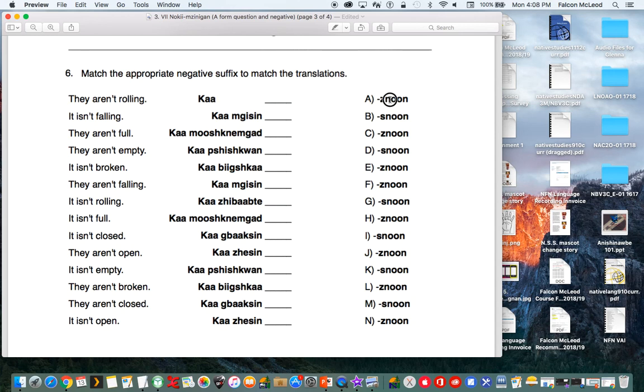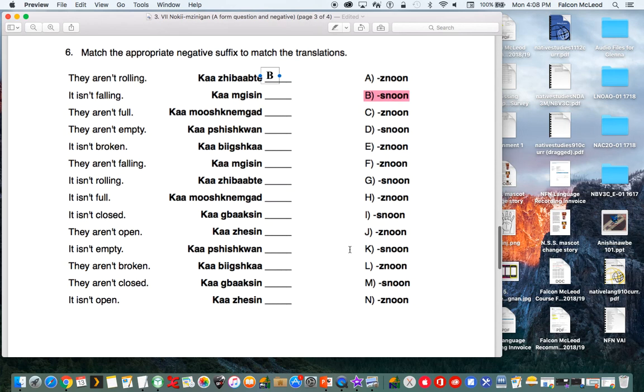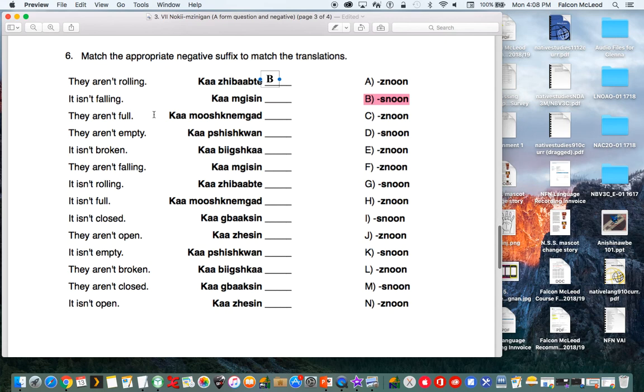So known or snown. All right. So for this one here, VII words that end in vowel sounds, right here, they use this one here, snown. All right. Boom, like that. So you can do that for the rest of these.